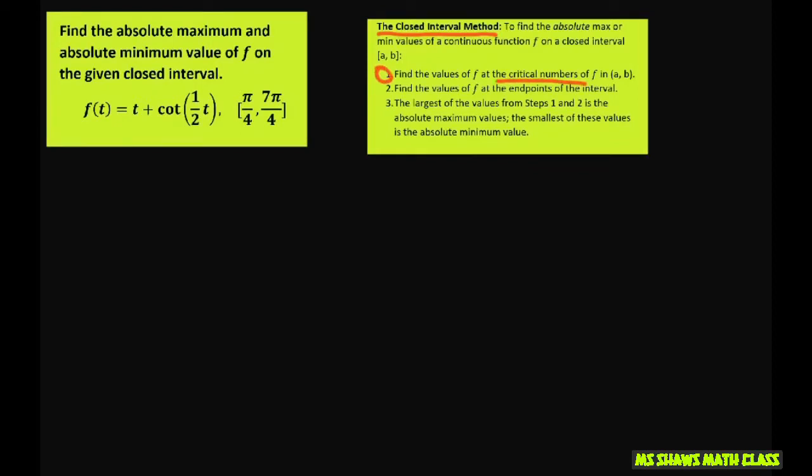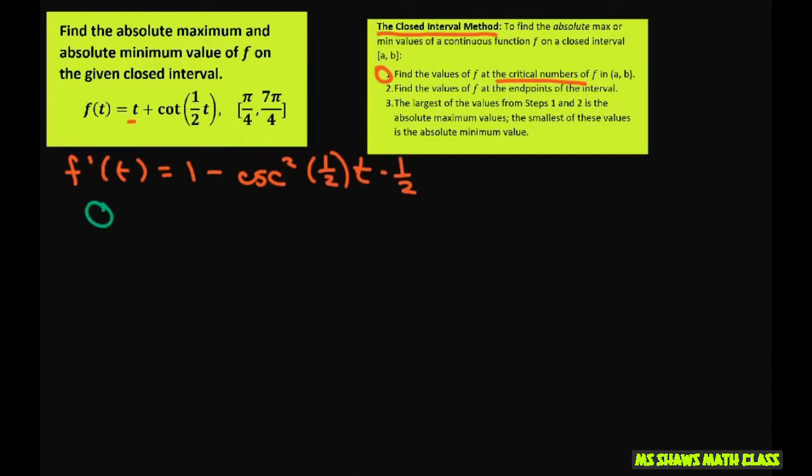And the way you do that is you take the derivative of our function. So f prime of t is going to equal, derivative of that is 1 minus cosecant squared of 1/2 t. And then you have to also multiply 1/2 t times 1/2. All right, so we want to set this to 0.